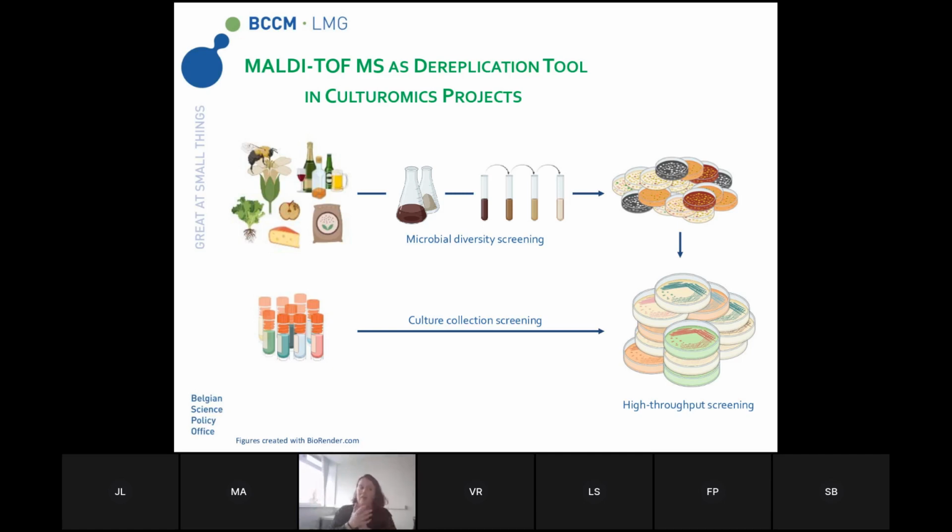In that case, we have already some good projects run with industry regarding culture collection screening, where we had some culture collections, we just opened them, recuperated them on different media and generated mass spectra to really find out what is now the diversity of that collection, and also improve identification data if there already was some available, or just provide identification data.